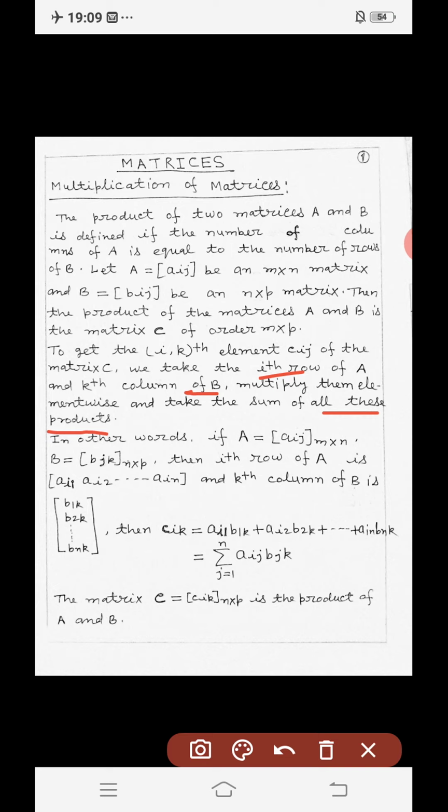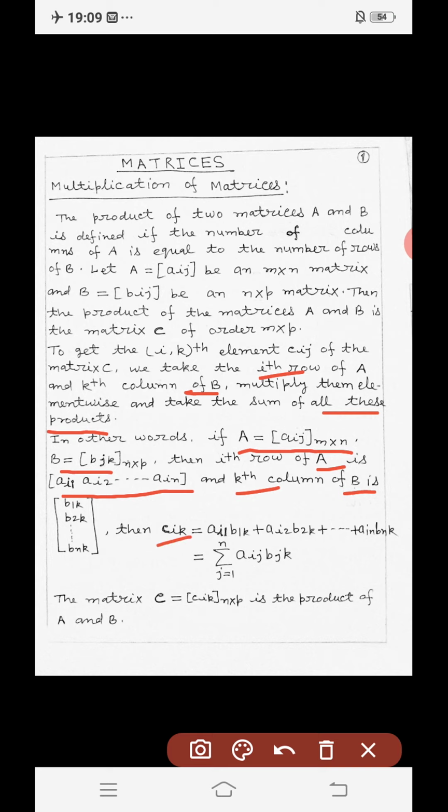In other words, if A = (Aij) of order m by n and B = (Bjk) of order n by p, then ith row of A is Ai1, Ai2 and so on Ain, and kth column of B is B1k, B2k and so on Bnk.